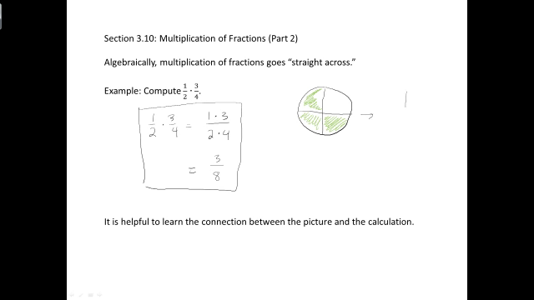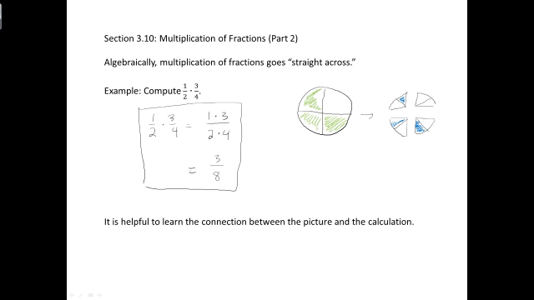Then what we did is we took each shaded piece and took half of it. 1 out of 2, 1 out of 2, 1 out of 2. Then we needed to determine how many pieces total there would be in order for all these pieces to be the same size.